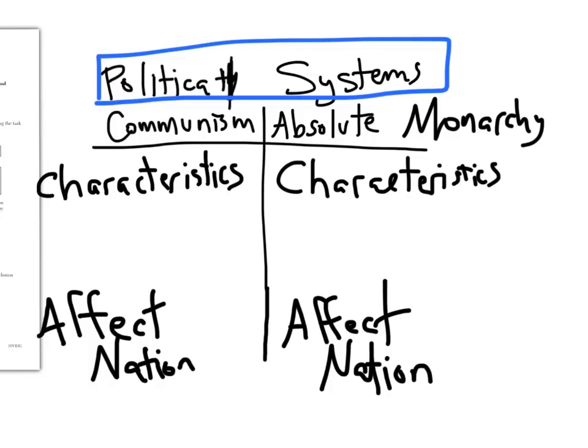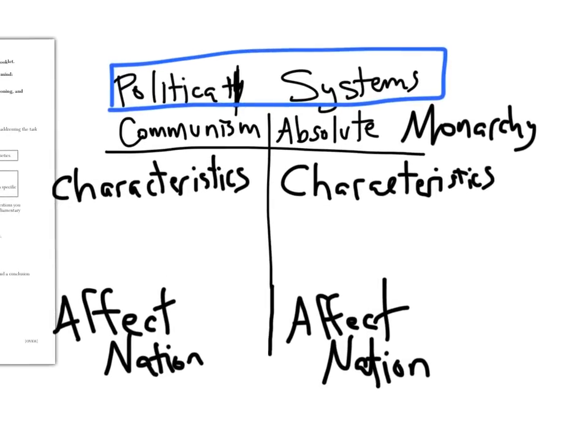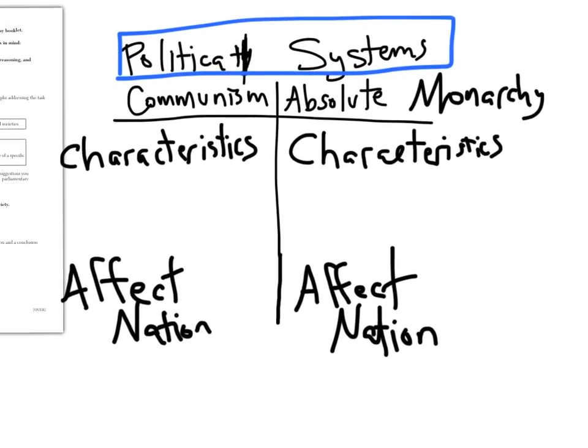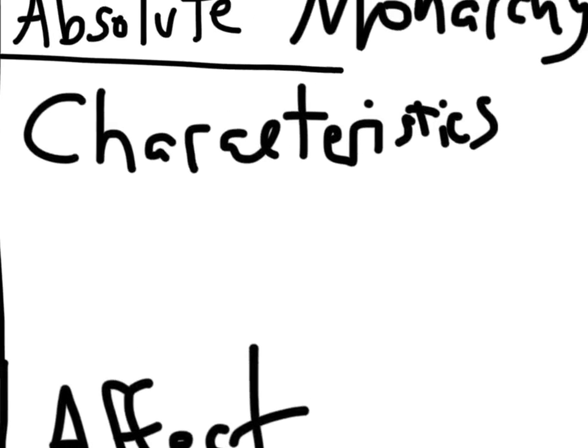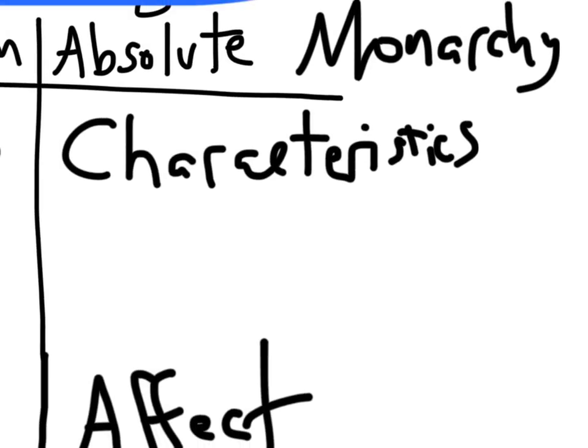So now once we've got this T-chart set up, we just created our own graphic organizer, because when you take the Regents, Mr. Schulman and I are not going to have an opportunity to give you a printed up graphic organizer. So now what you're going to need to do is go in and fill in the blanks. When we're talking about absolute monarchy, what are some of the characteristics? We know that some of the characteristics are what?